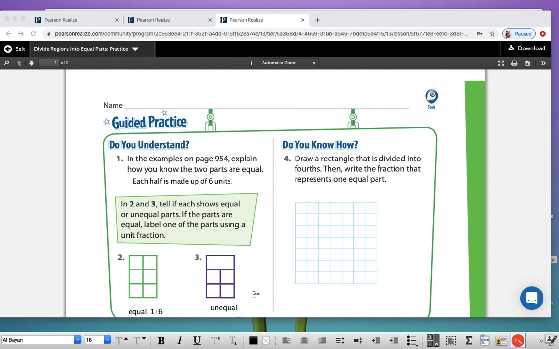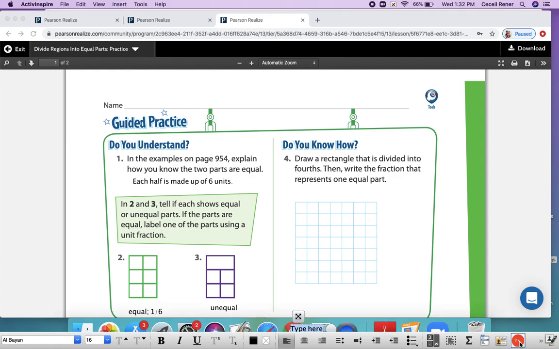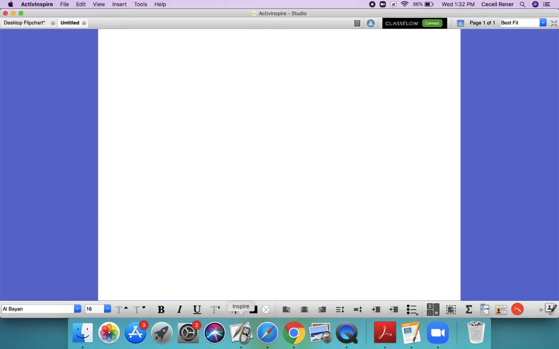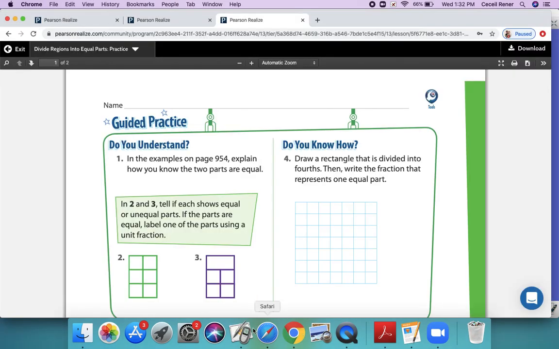Okay? Now let's look at number 4. It says draw a rectangle that is divided into fourths. Then write the fraction that represents 1 equal part. So I'm going to get my pen and I am going to draw a fraction. Oh, went too far there. Sorry, boys and girls. Gotta go back to my page.